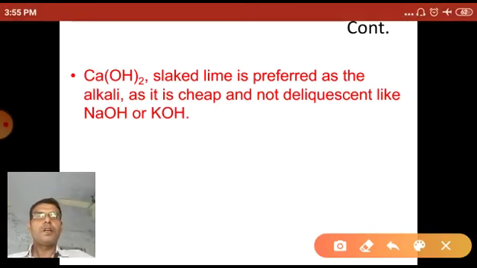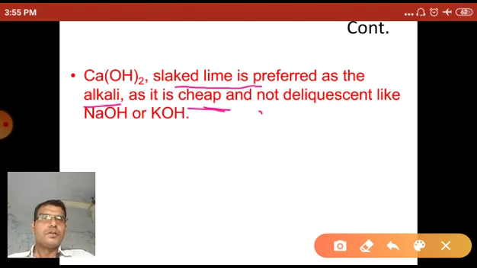Now the calcium hydroxide, called slaked lime, is preferred as the alkali because it is cheap, not very costly, and it is not deliquescent like sodium hydroxide and potassium hydroxide.